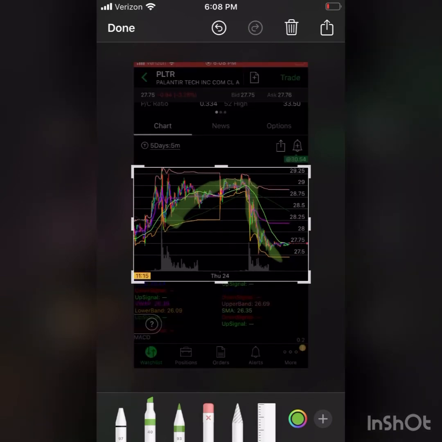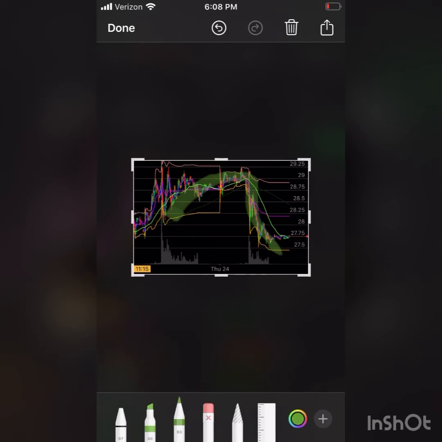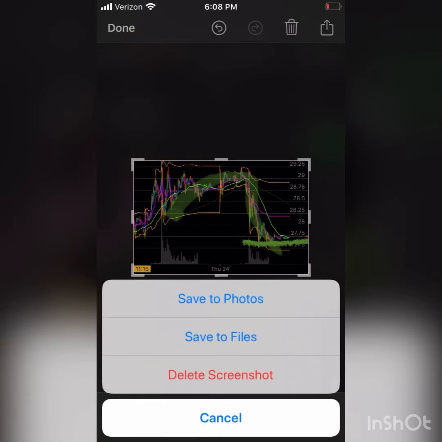If you can see right here where the price starts to stabilize and kind of consolidate, it's not pushing in any new lows. Which is a good indication generally that it's going to pick back up from there and bounce.